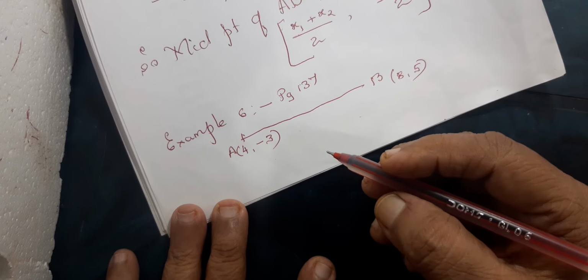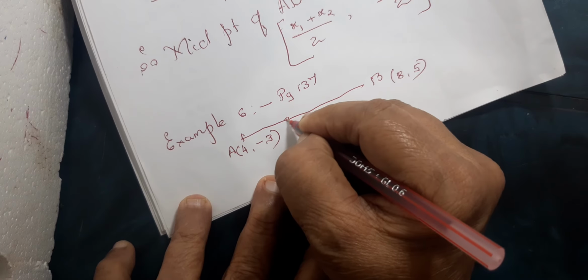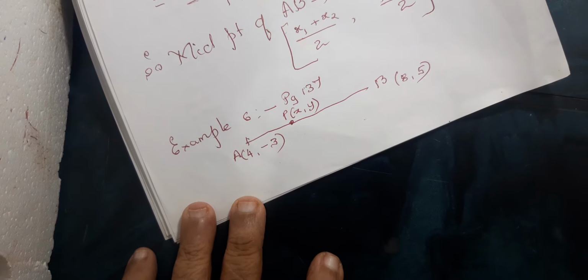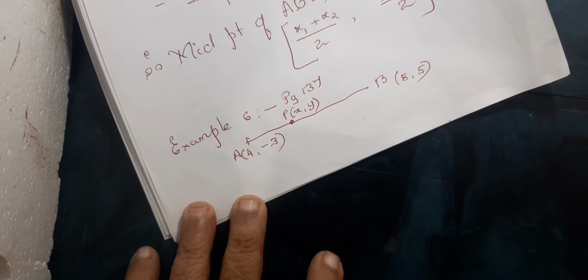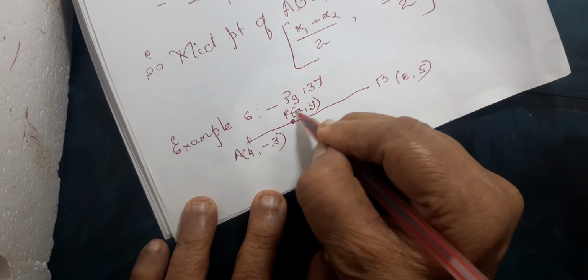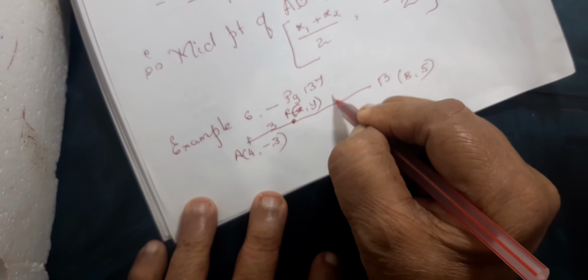Then find the coordinates of the point P, whose coordinates we don't know. We are going to find x, y, which divides in the ratio 3:1 internally. So 3:1 means 3 and 1 we will write.